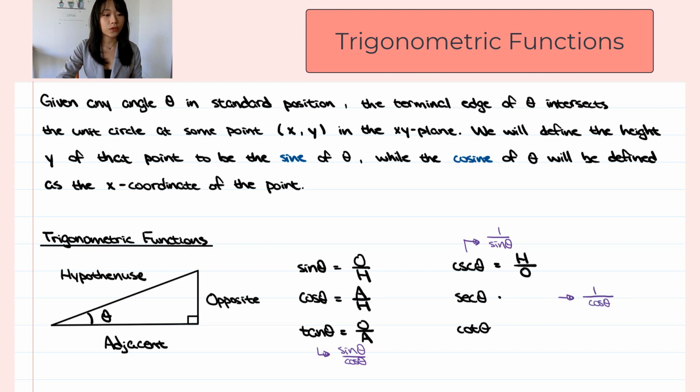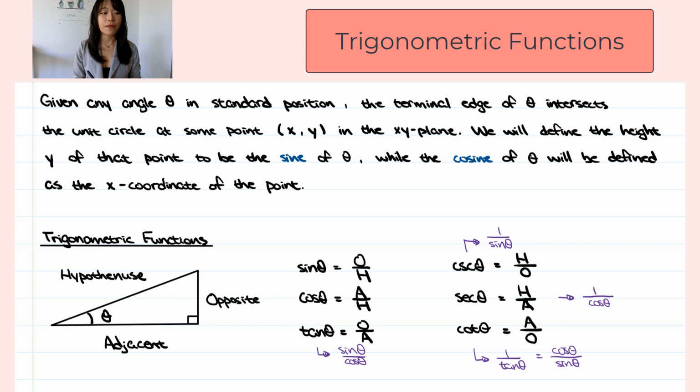So its ratio is hypotenuse divided by adjacent. And lastly, cotangent theta, it is 1 over tangent theta, which also equals to cosine theta divided by sine theta. And its ratio is adjacent divided by opposite.